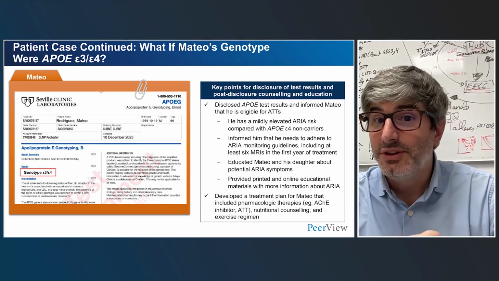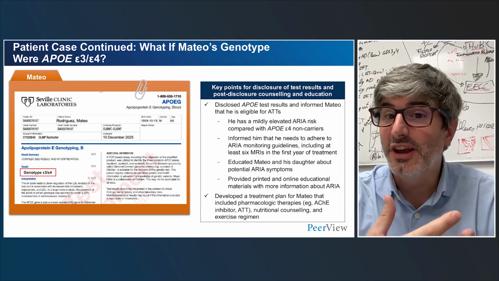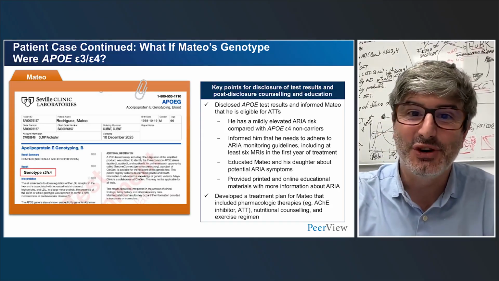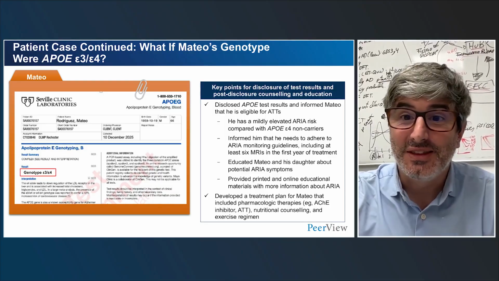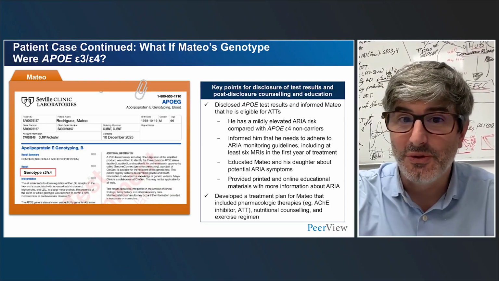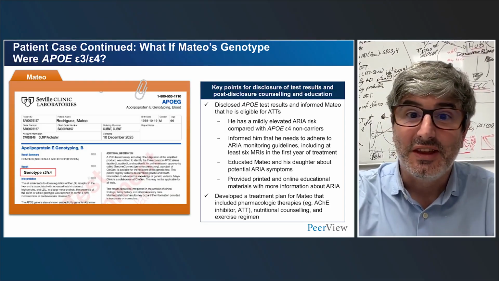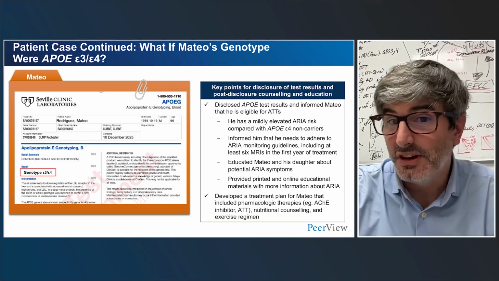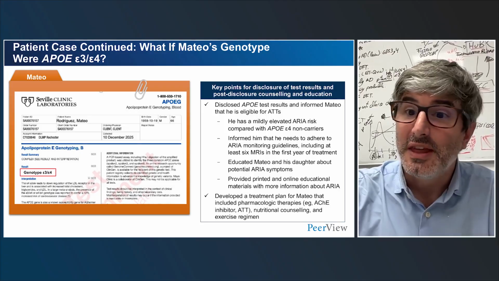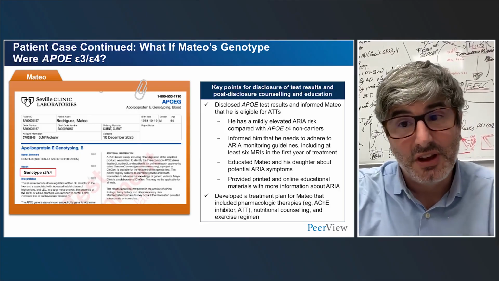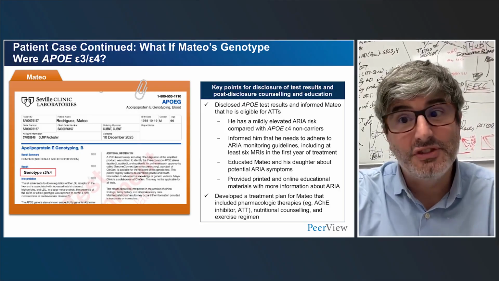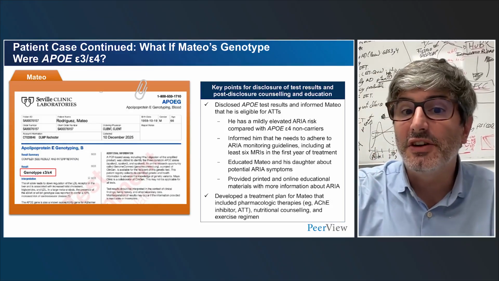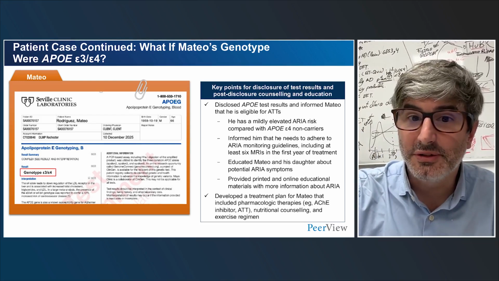But what if he was a heterozygote? Of course, that is a completely different scenario in Europe, because he would be eligible for treatment. We would disclose the APOE results and inform Mateo that he's eligible, as I was mentioning. However, because he is a carrier, because of this gene dose effect on risk for ARIA, he has a mildly elevated ARIA risk compared to non-carriers.